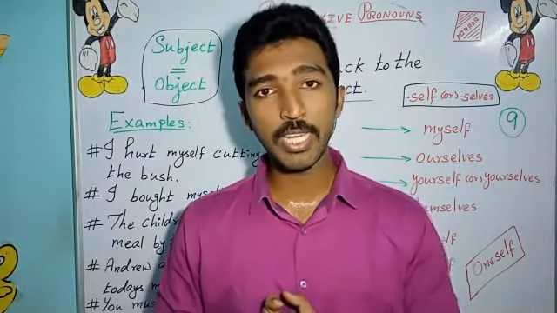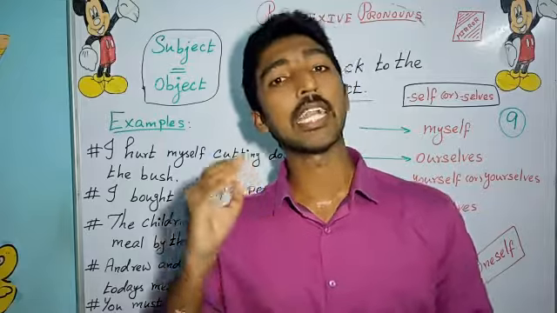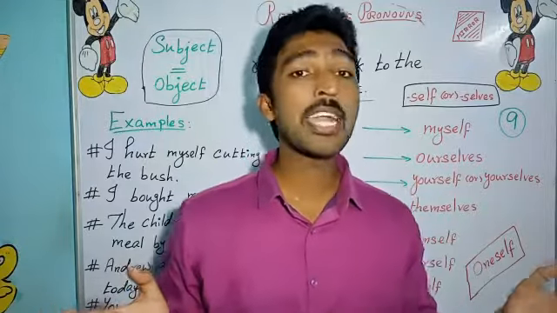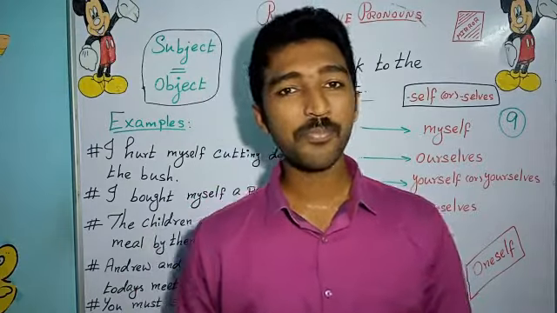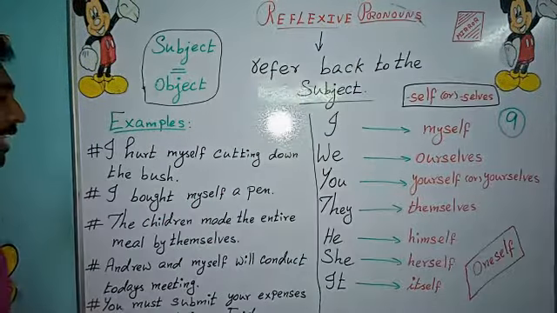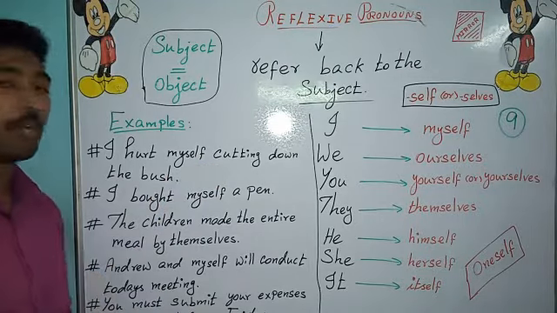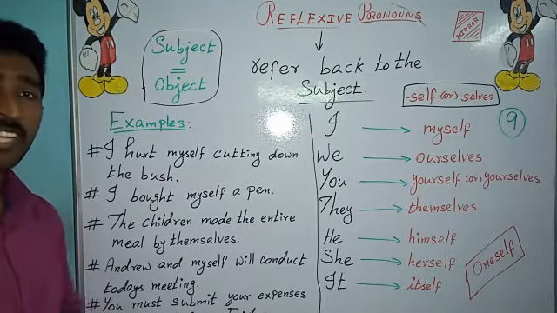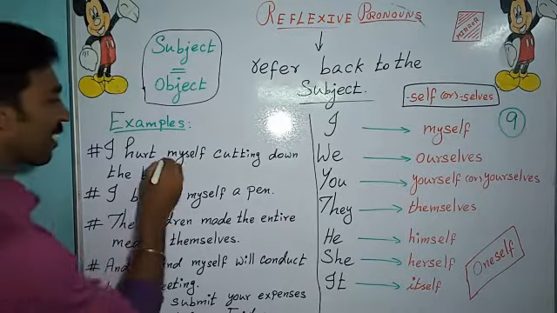I told you in the beginning that a reflexive pronoun can act as either a direct object or an indirect object. Let us check in the examples. The first example we have is, I heard myself cutting down the bush. Can you find the reflexive pronoun here? Yes, it's easy.